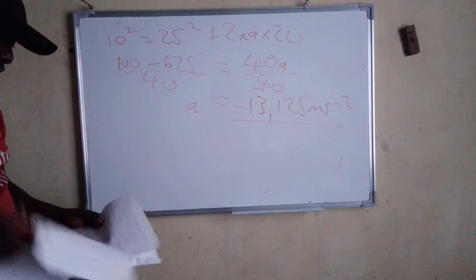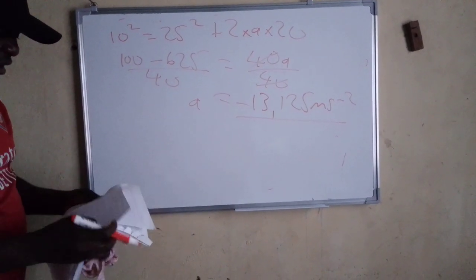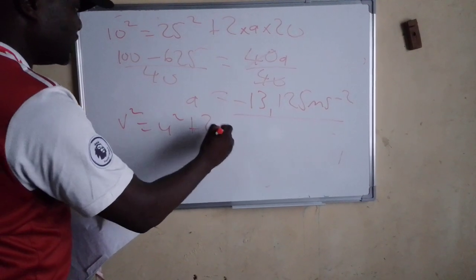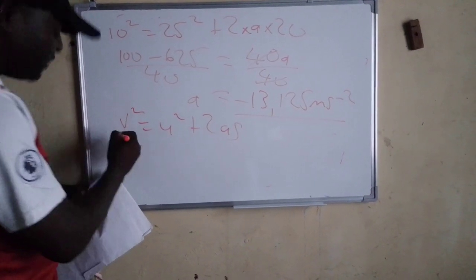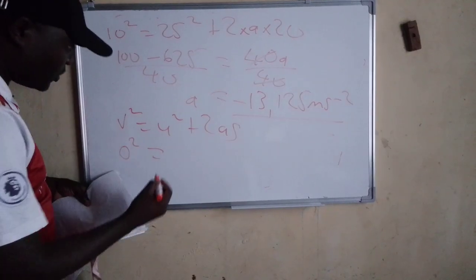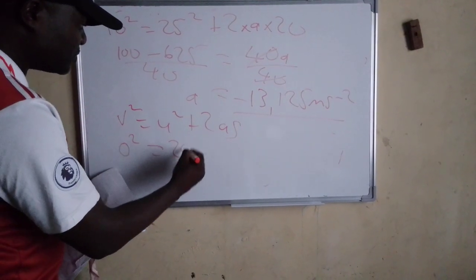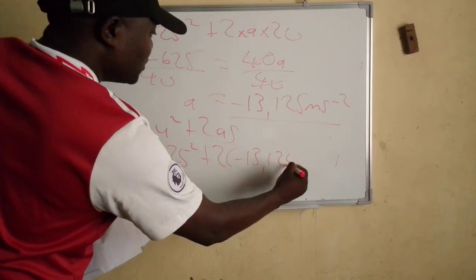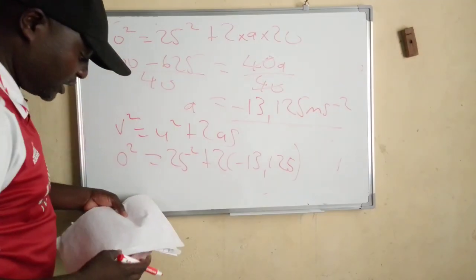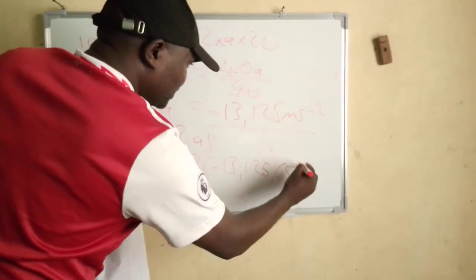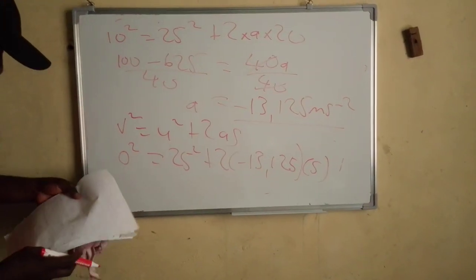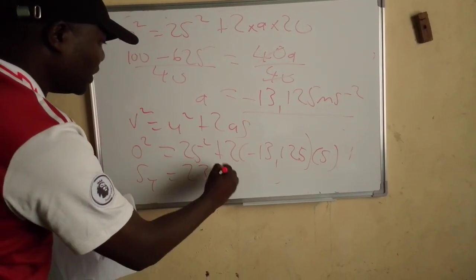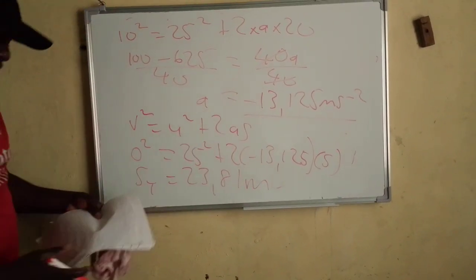So to calculate the further distance traveled, we go back to our equation: v squared is equal to u squared plus 2as, where the final speed should be 0 at stopping. The original speed is 25, and the acceleration is minus 13.125. If you calculate very well there, you should get your total displacement as 23.81 meters. This was the total displacement.